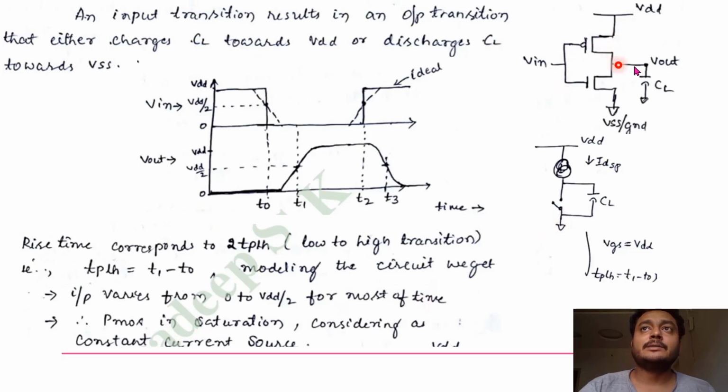So for this transition, your PMOS will be in saturation region, because when you give input as logic 0, this will turn on and this will turn off. So this will be in cutoff, open circuit, and this will be in saturation. We consider saturation as a constant current source, and we replace it with a constant current source, which we call IDSP.